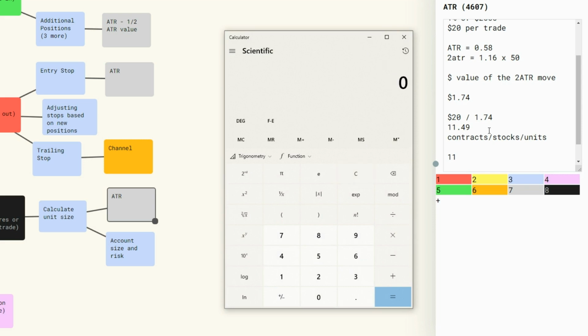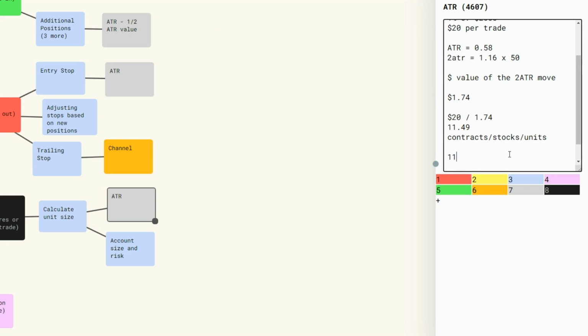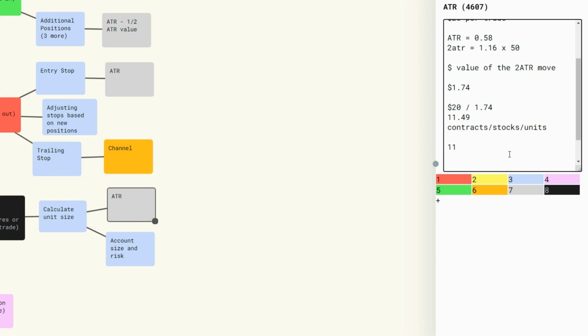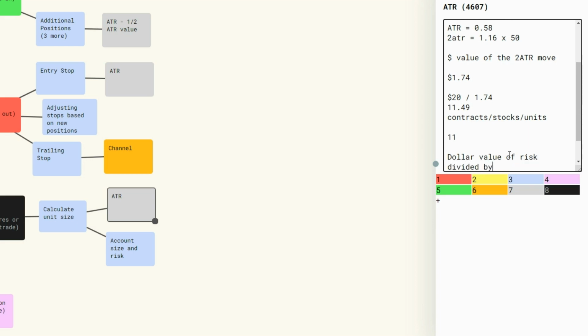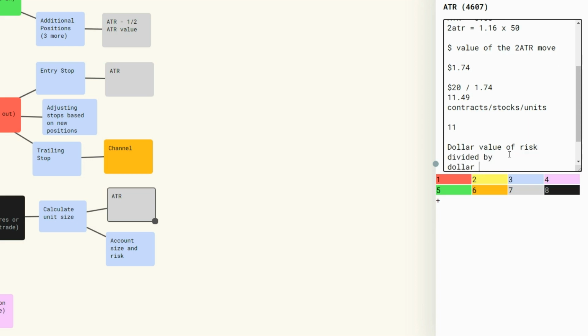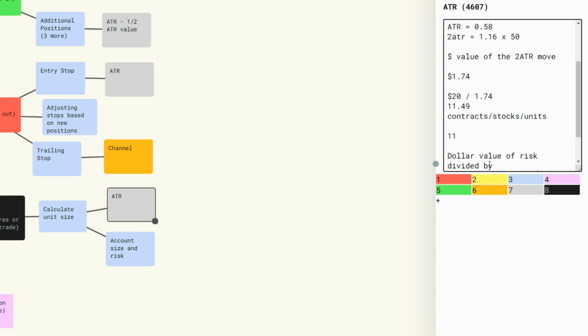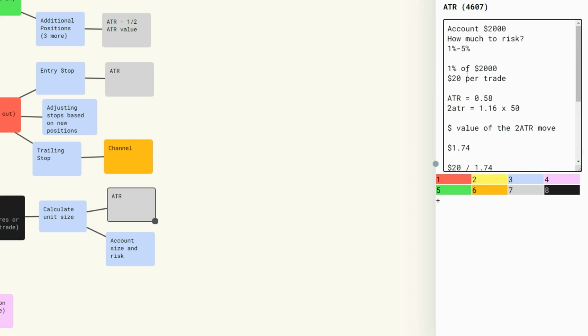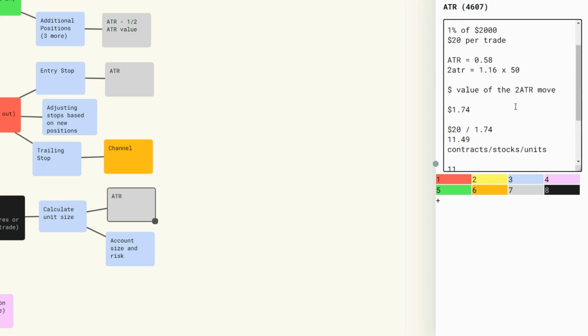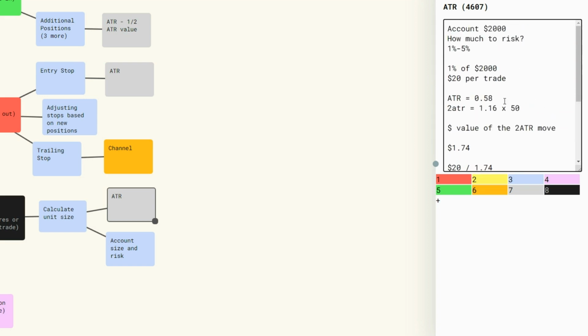You would repeat this process of dividing your dollar value of risk by the dollar value of stop. I hope you understand the dollar value of risk is very simple. It's the percentage you're going to risk of your account. So in this case, $20. I'm going to divide it by the dollar value of the stop, which is 1.16 multiplied by the contract value.